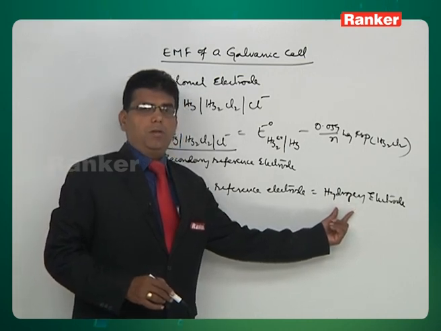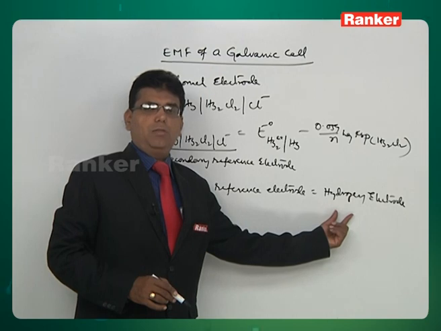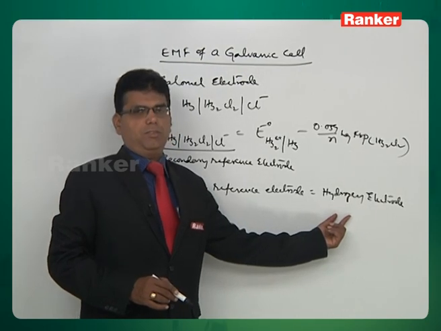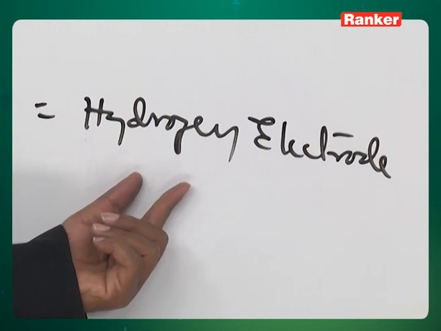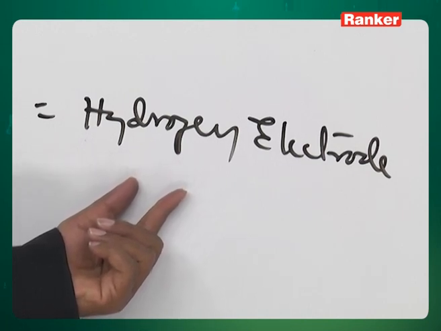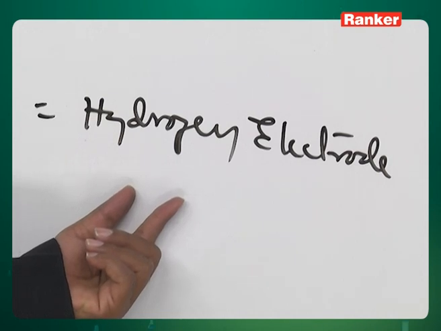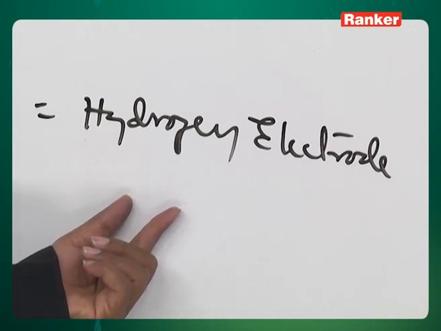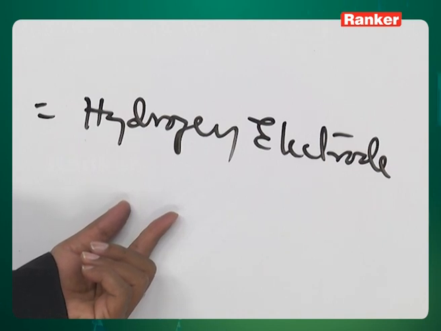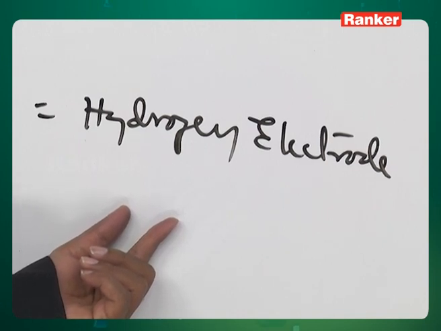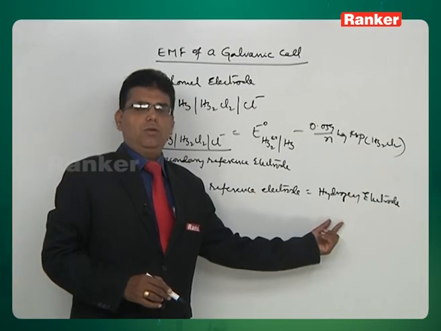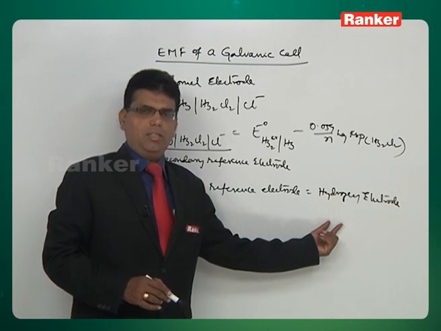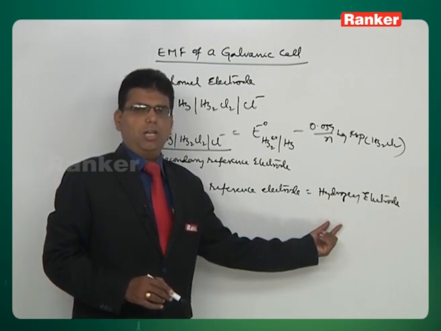cannot be used conveniently every time in the laboratory. The hydrogen electrode directly cannot always be used as the reference electrode as and when it is required. It is difficult to prepare a standard hydrogen electrode, and it is also difficult to maintain it. Keeping this in view, some other secondary reference electrodes have been constructed and are being used in the laboratory.